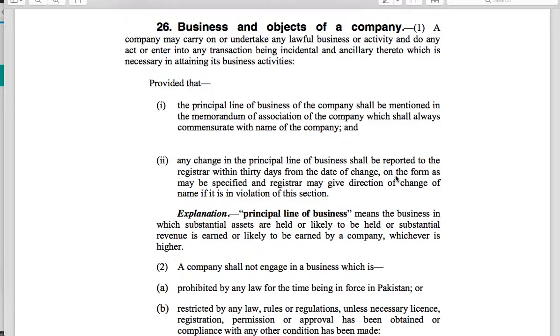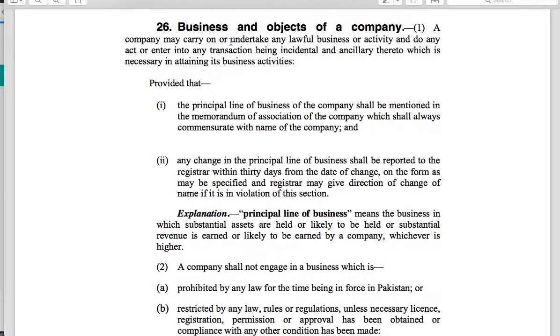Now the most important thing in your memorandum, your constitution, memorandum of association, will be the business objectives and your principal line of business. And this section gives you clear guidelines that you should not undertake any unlawful activity.